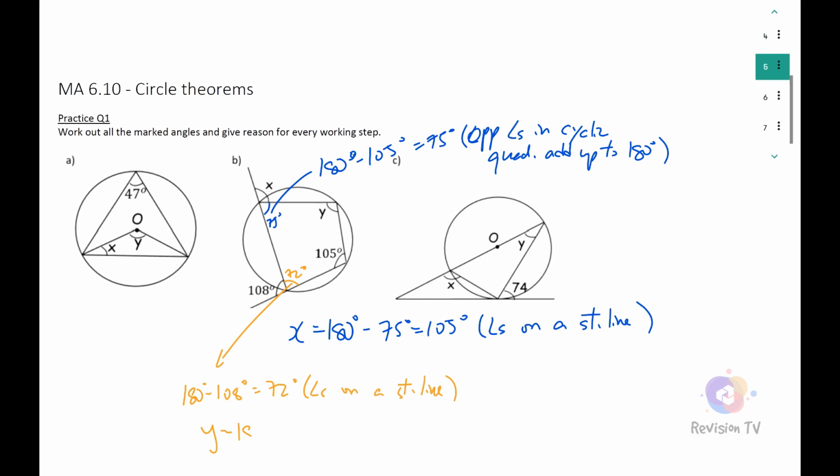So y equals 180 degree minus 72 degree, which is 108 degree. And that will be, again, opposite angles in a cyclic quadrilateral. Now, you can't say y equals 108 straight away without that working at 72 degree because there's no direct reason why y will equal 108 or x equals 105.